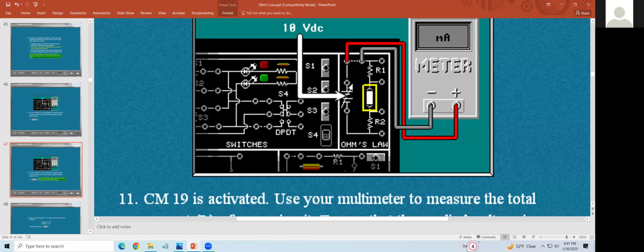The reason is they want to make sure you know how to do it. CM19 activate means inside the circuitry they change the value. And the measured current now will be different. You see what that means?